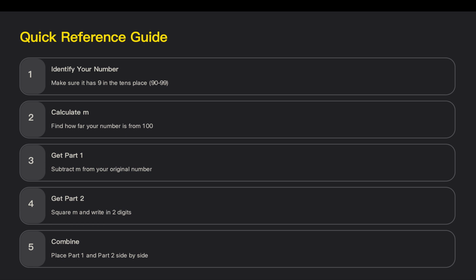Yeah, subtract m from your original number. Now, part 2, square m and write in 2 digits. It's most important. You have to square m. If you find the result is still a single digit, you have to add a leading 0. Fine. Now the last step is combine them, that is place part 1 and part 2 side by side. So that completes your solution.